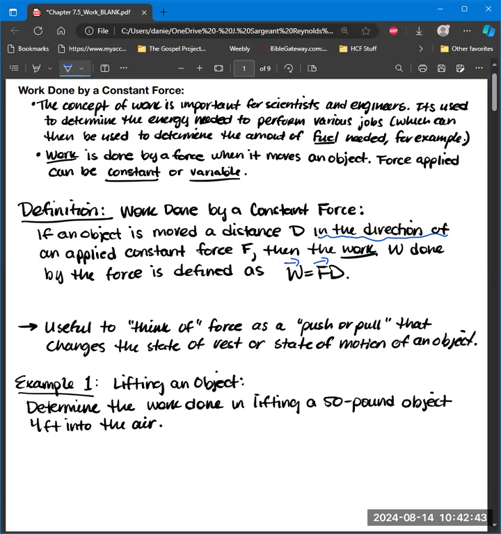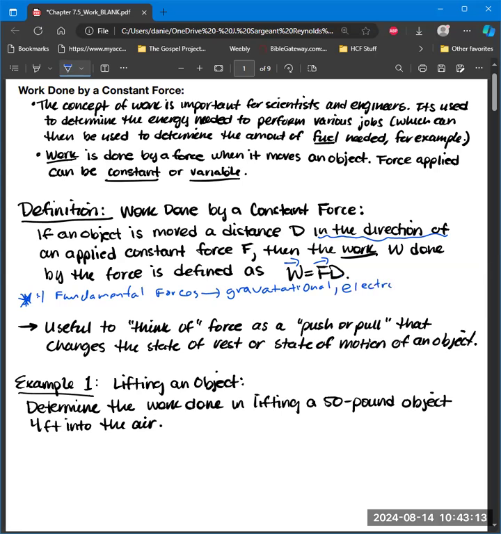But we have four fundamental forces that are going to give us some applications. So we have gravitational force. We have electromagnetic.